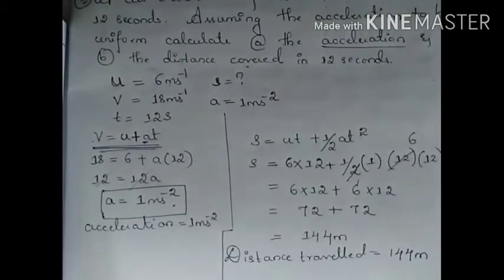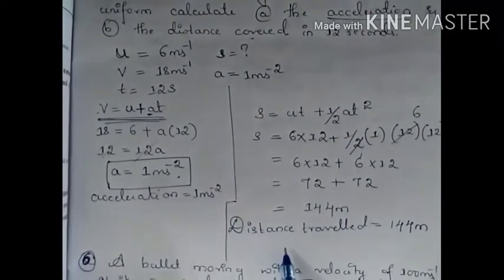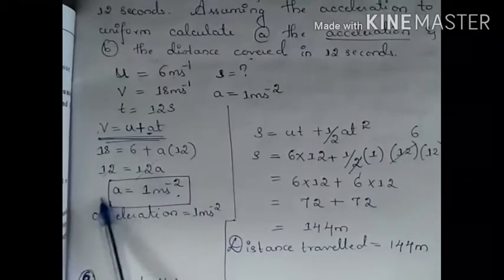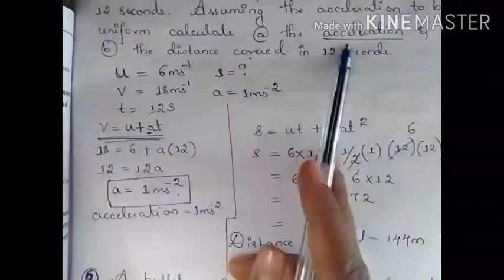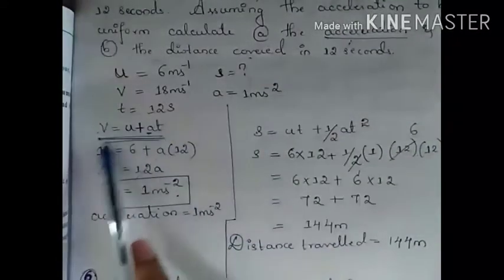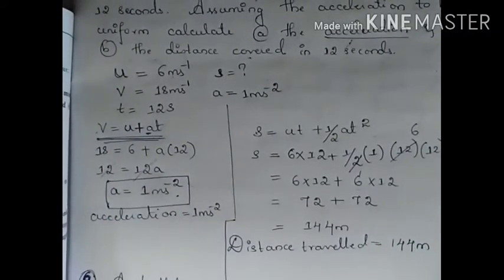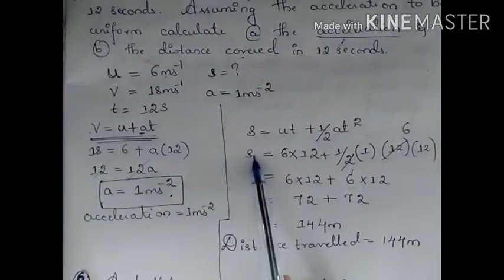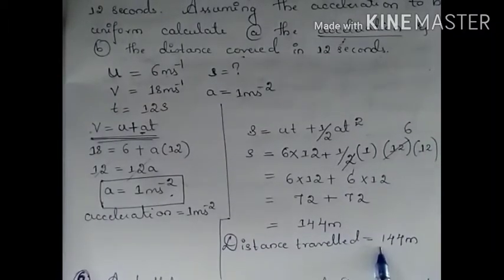So using the value of acceleration, we found the distance that is covered in 12 seconds. So without calculating acceleration, you cannot calculate the distance. So first try to solve the first part, then you will understand the acceleration of the particle. Then you solve for S, then you will get the distance traveled in 12 seconds.